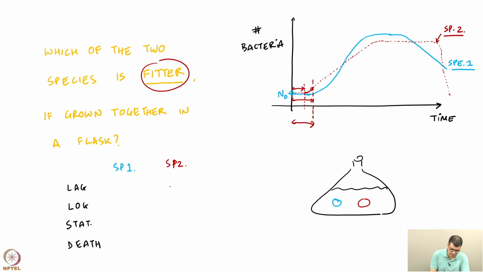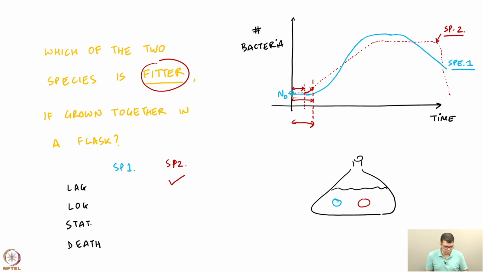Again I will repeat the reason: in this lag phase species 1 is not growing at all, whereas species 2 starts to grow earlier. So, while species 1 numbers remain constant at n naught, species 2 numbers start to increase before species 1 enters its log phase.